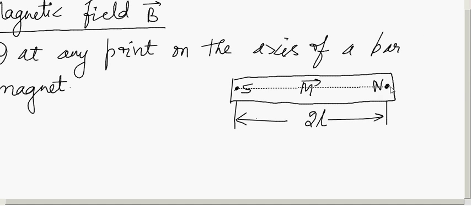We know this is the axis. Let us say we are finding the magnetic field at this point P. The B is given by, and this point P, let us say from the center of the magnet, is at a distance r.